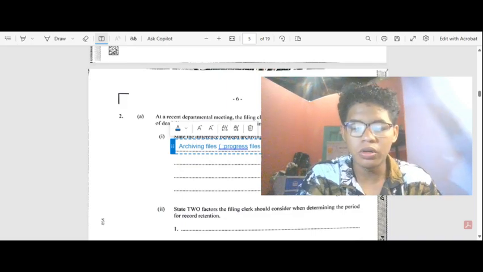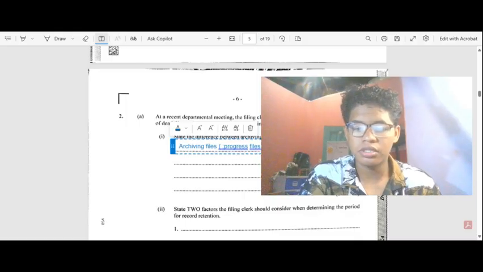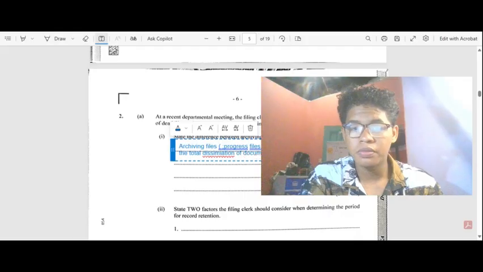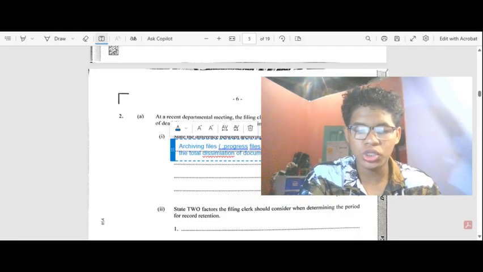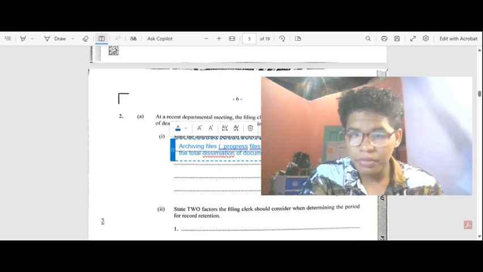On the other hand, disposing of files is the total dissemination of documents, or what we consider to be destroying the documents entirely.